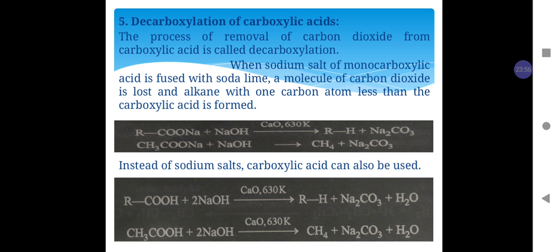That is, we can use acetic acid in place of sodium acetate, which reacts with sodium hydroxide and CaO, that is soda lime, a mixture of sodium hydroxide and quicklime in the ratio 3:1 at 630 Kelvin to form methane, sodium carbonate and water.